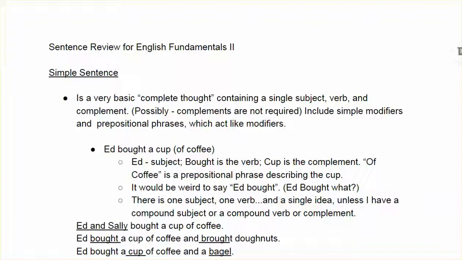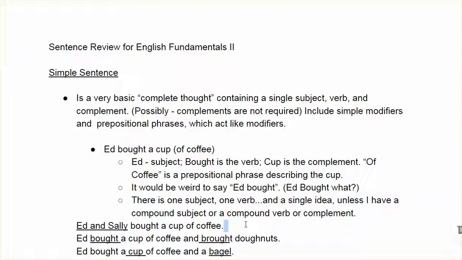But in this case, I have one subject, one verb, and a single idea, unless I have a compound subject or some type of compound verb. For example, compound subject, Ed and Sally bought a cup of coffee. Ed and Sally together make up my subject. Ed bought a cup of coffee and brought donuts.